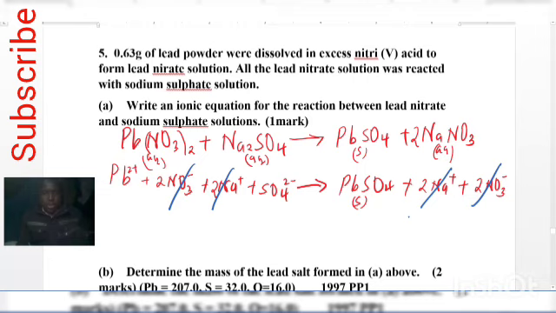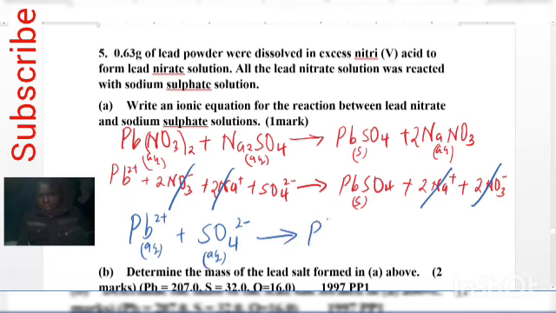What remains now is lead 2 positive in aqueous state, plus the sulfate ion 2 minus in aqueous state, and this forms lead sulfate solid. This is the ionic equation.